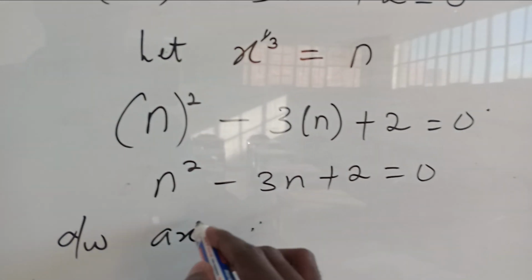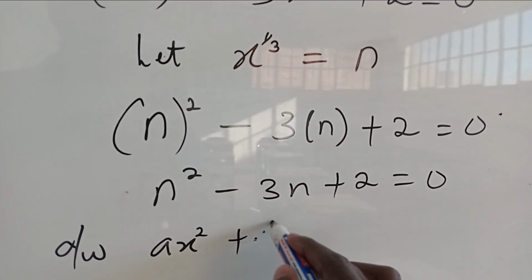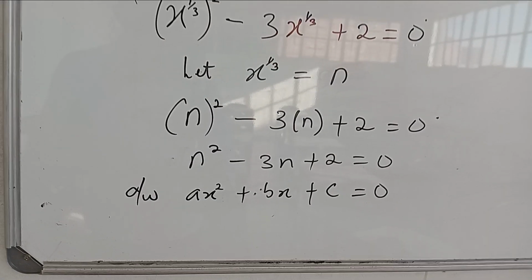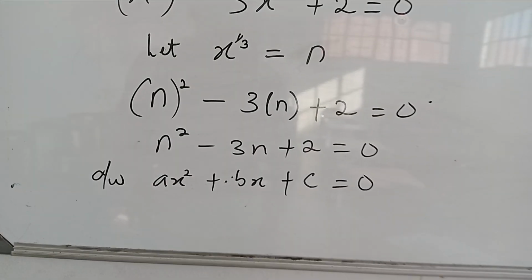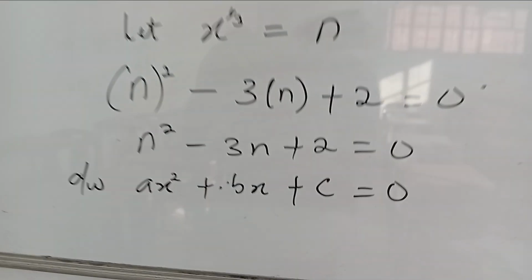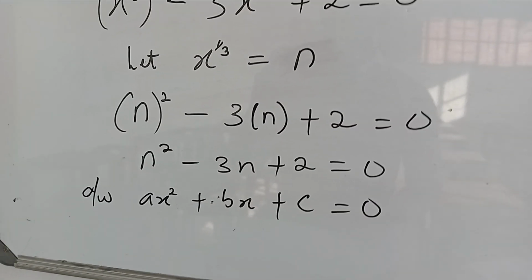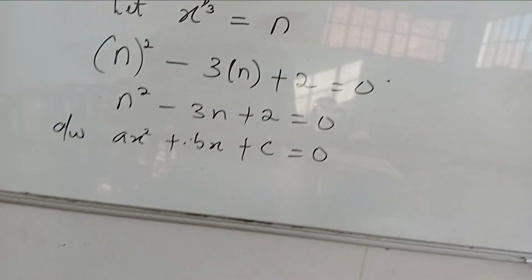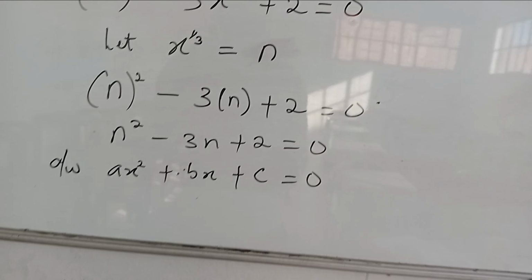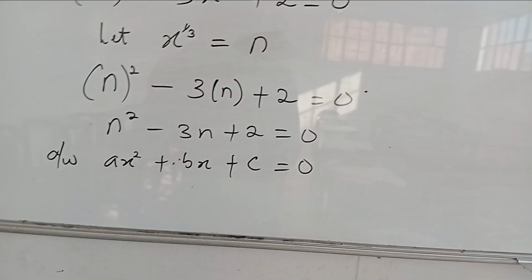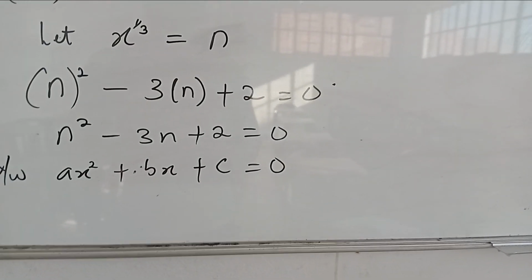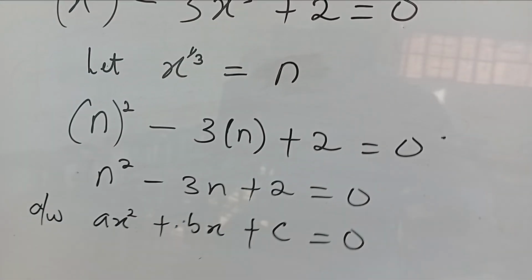It's a quadratic expression if we compare it to ax squared plus bx plus c equals 0. Remember, you can solve these using any of the methods used in solving quadratic equations, be it factorization, substitution, completing the square method, or formula method. So now, in order for us to move faster, I would prefer to use the factorization method.